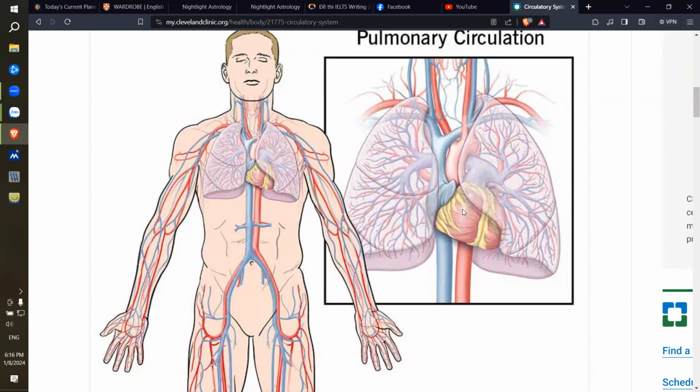Next, we talk about the order of blood flow through the heart. So the oxygen depleted blood from the body enters the right atrium from the superior and the inferior vena cava. Then the right atrium pumps the blood into the right ventricle.